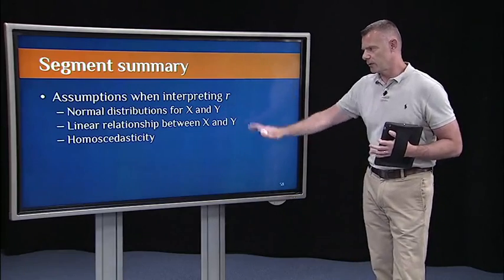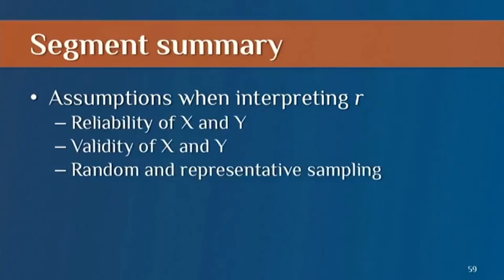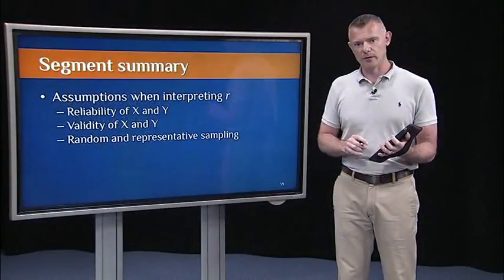So here are just 3 simple assumptions that we talked about: normal distributions in X and Y, linear relationship between X and Y, and homoskedasticity. Then there are even bigger assumptions that we'll talk about in lecture 6. So reliability, validity, and sampling, which all fall under the umbrella of measurement issues, which is the topic of the next lecture.